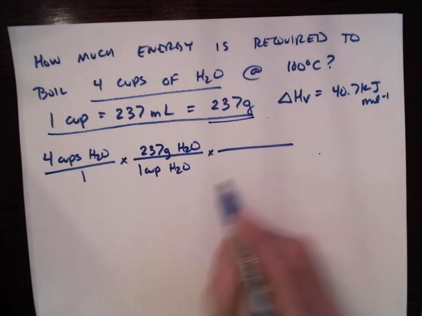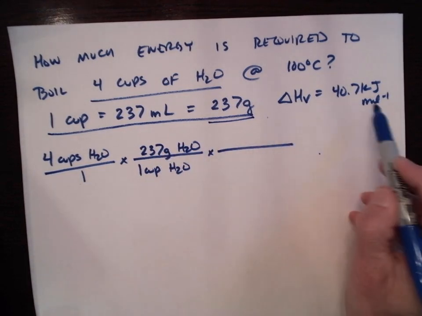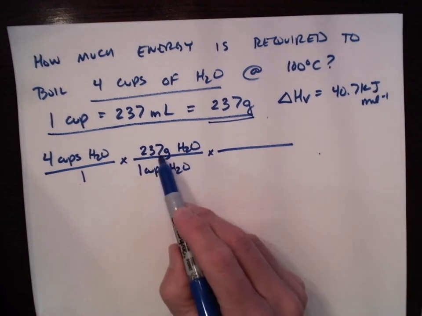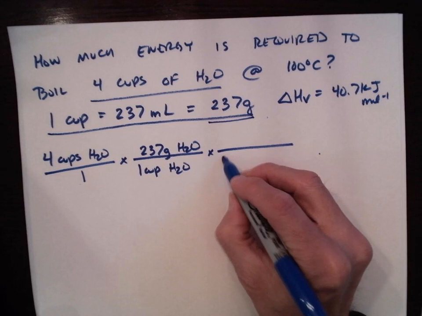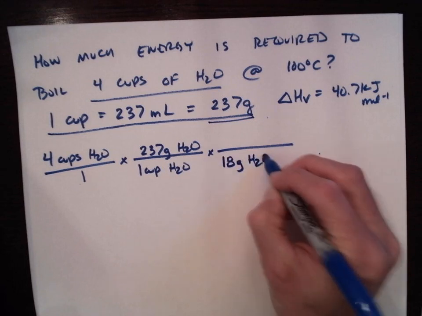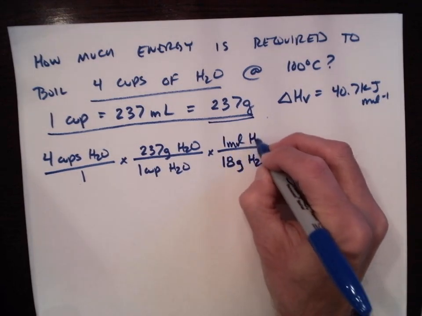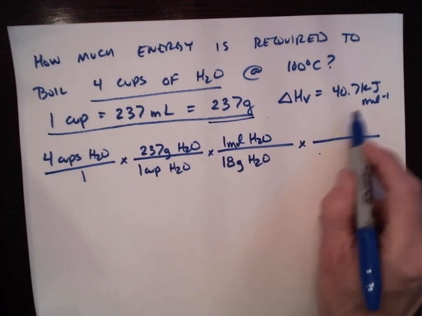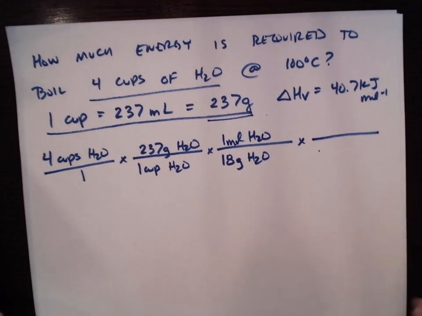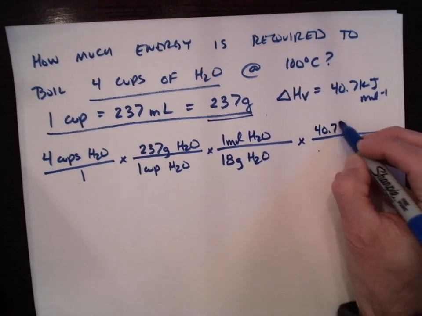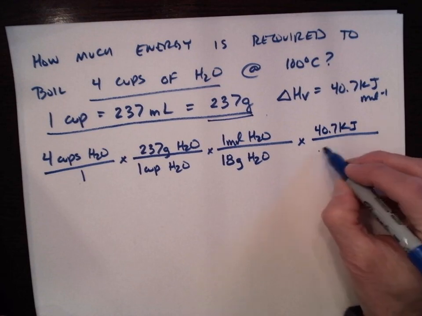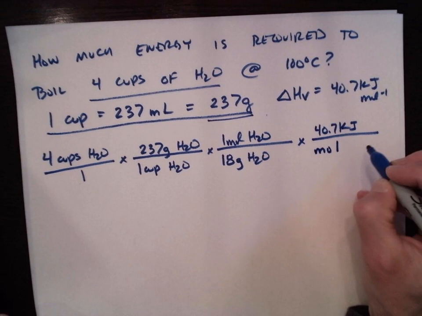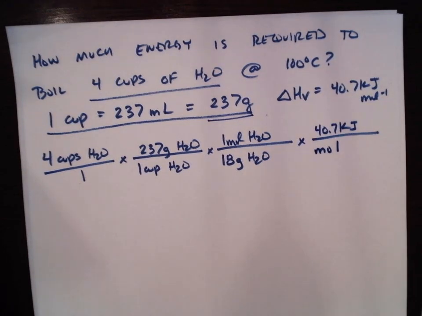We're given the quantity in grams, but our energy amount is given in kilojoules per mole, so I'm going to need to convert these to moles. And once again, 18 grams of water is 1 mole of water. And now that I've converted this quantity in cups to moles of water, I can use this factor here. 40.7 kilojoules need to be put into the water for every mole of water that's vaporized.